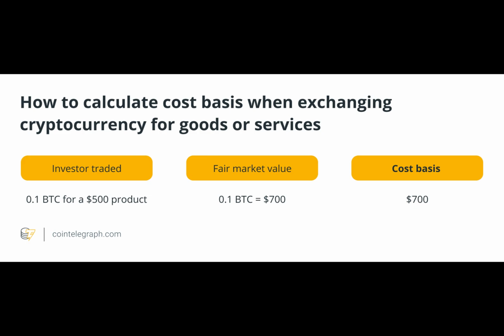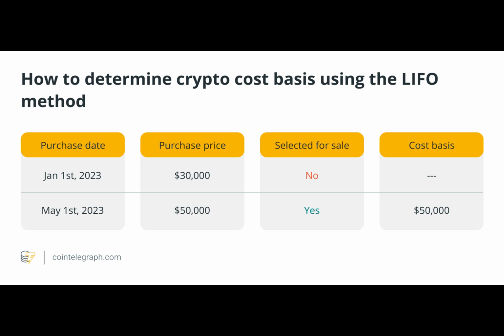Example, if a hard fork or airdrop results in an investor receiving 5 units of a new cryptocurrency and each unit's fair market value is $100 at the time of receipt, then $500 would be the new cryptocurrency's cost basis.